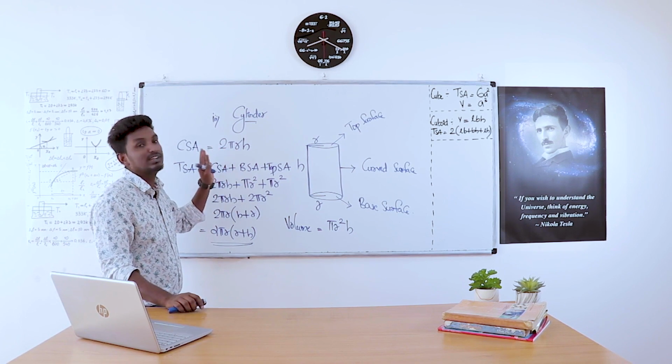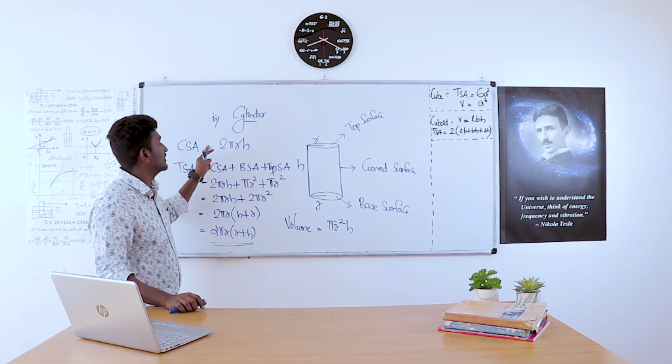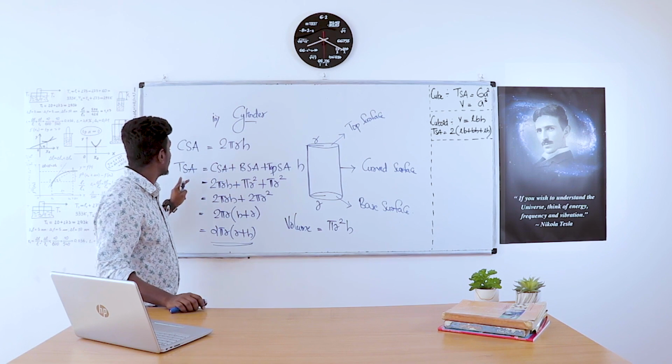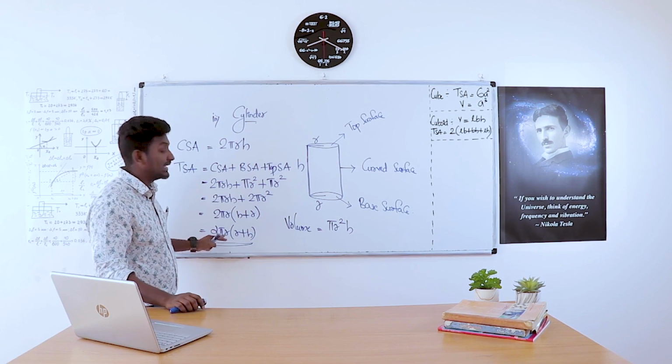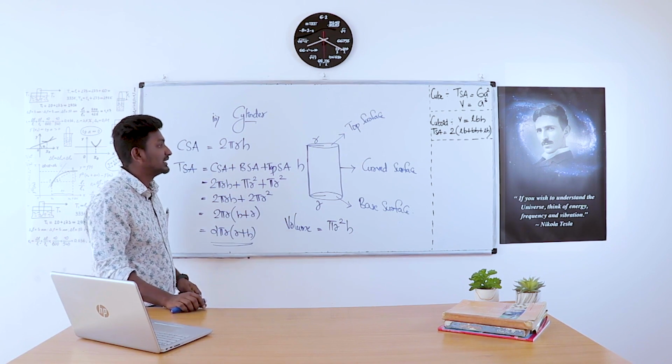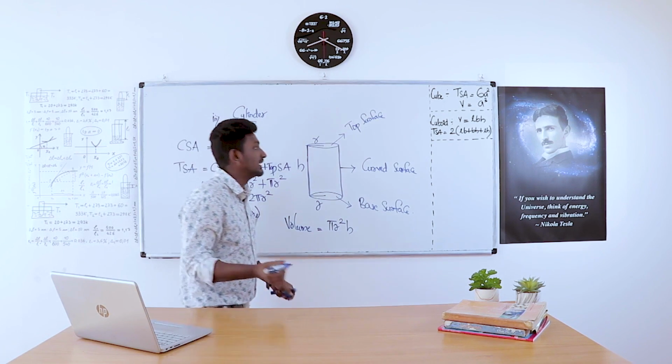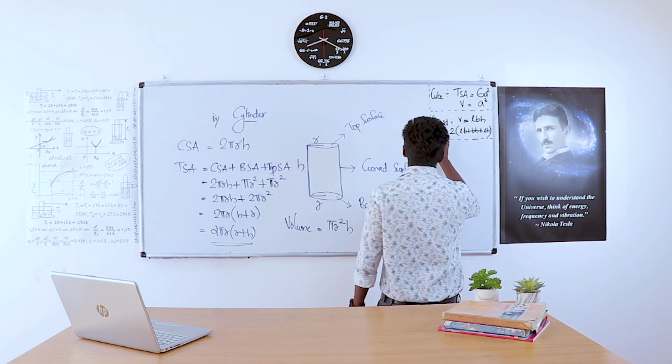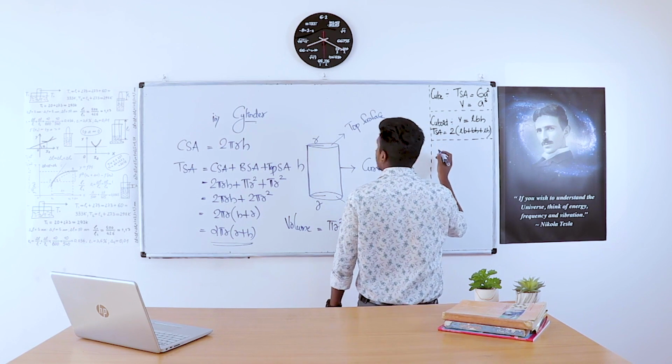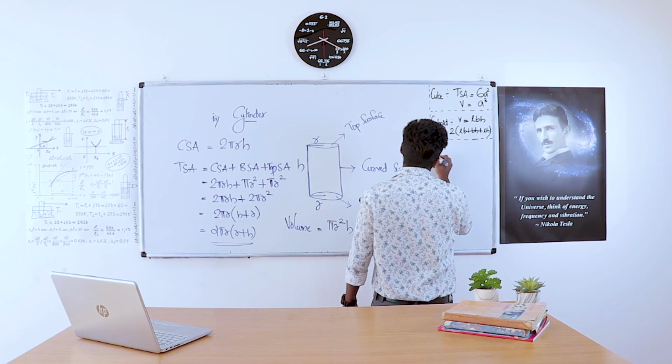So, this is our third figure, cylinder. Curved surface area of cylinder is 2 pi r h. Total surface area of cylinder is 2 pi r into r plus h. Volume of cylinder is pi r square h. Now I am noting the same here. Next figure is cylinder.